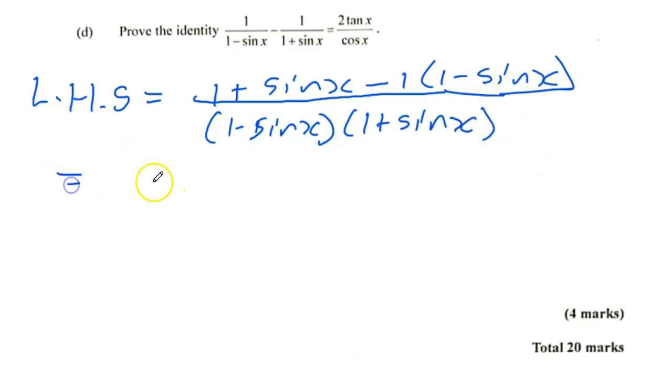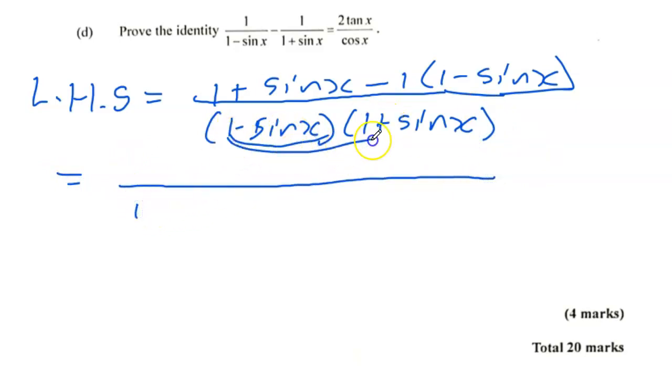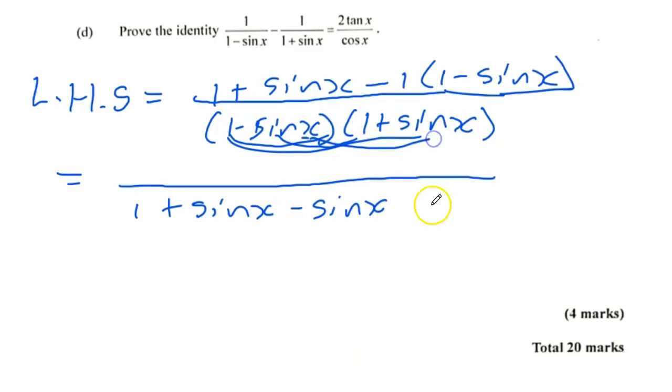Alright, let's expand. Let's do the denominator first. 1 times 1, that's 1. 1 times sine x, that's 1 sine x. And then minus sine x times 1, that's minus sine x. And then minus sine x times sine x, that's minus sine square x. In the numerator, just 1 plus sine x.